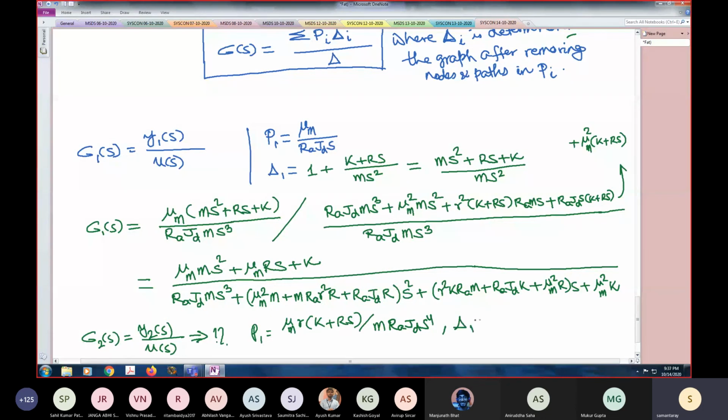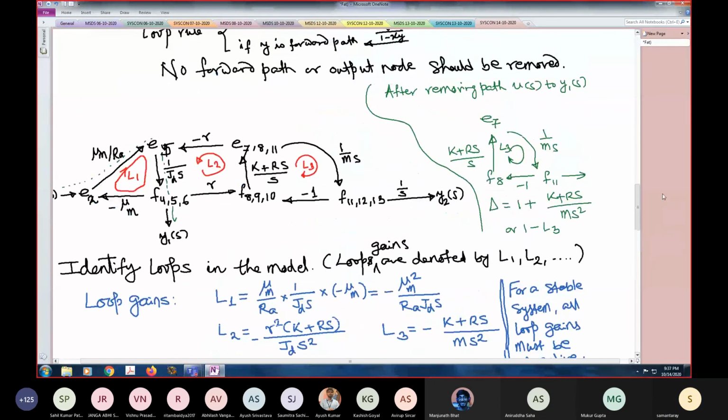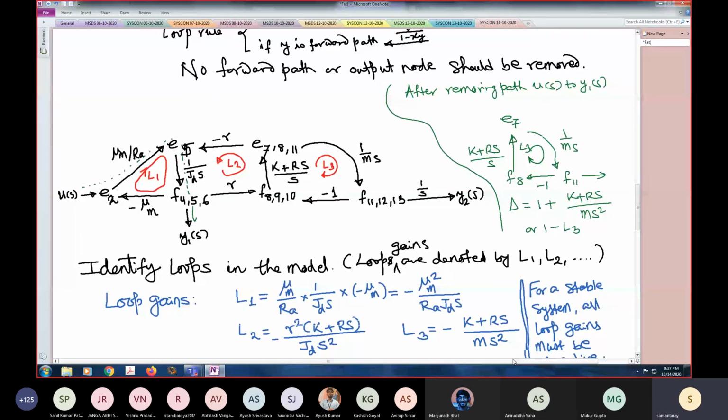But delta 1, interestingly, is very easy for this one. If you traverse path from US to Y2S, you find all nodes are covered.